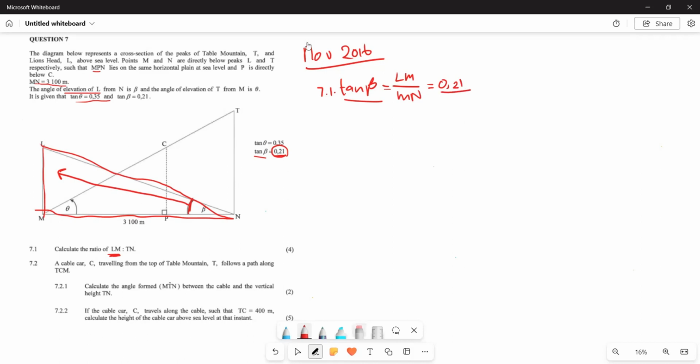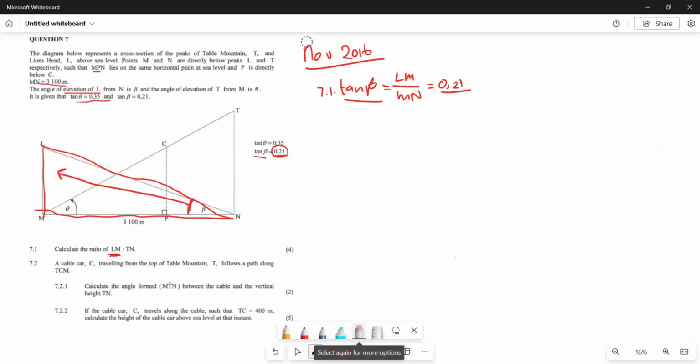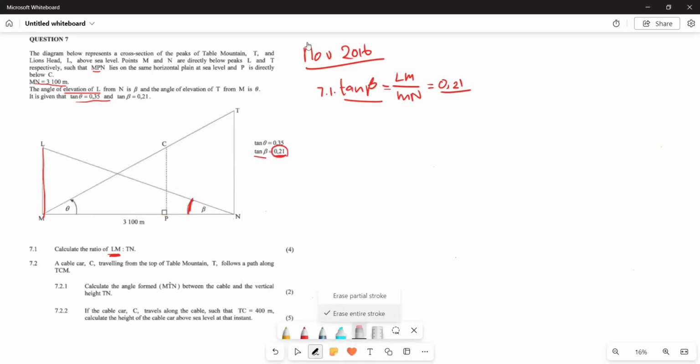Let's look at the other one. Now if you look at this other big triangle carefully, we want in this triangle to express theta in terms of tan.